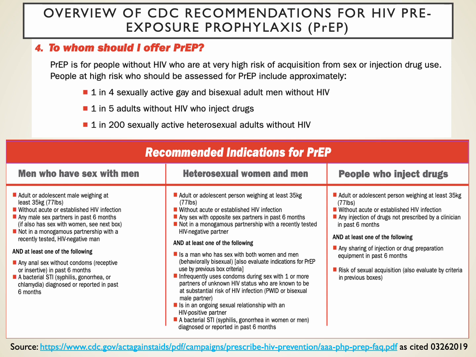So who's a candidate? First of all, men having sex with men, if they're at least 35 kilograms, they don't have HIV, they test negative for HIV, and they've had multiple sex partners in the prior 6 months, and/or they're in a non-monogamous relationship with someone who has tested HIV positive.